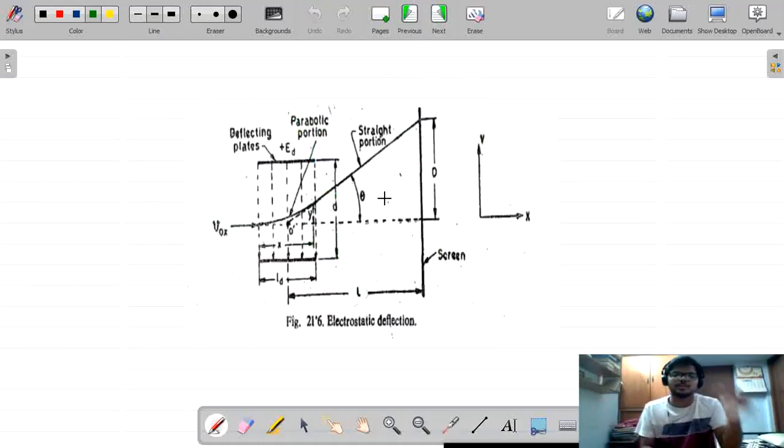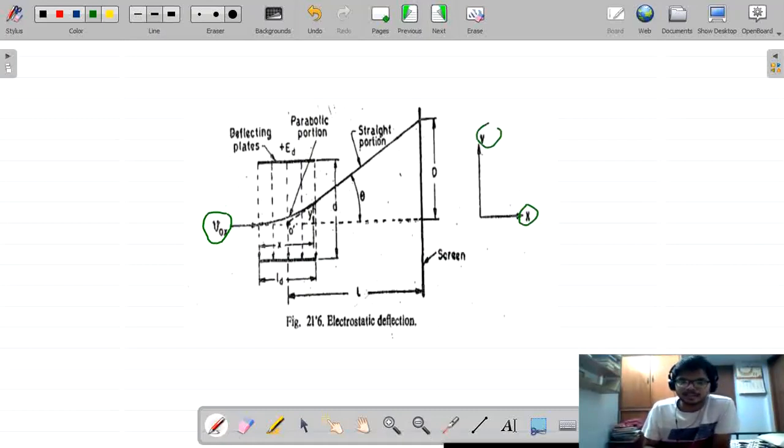Now see, Vox indicates the velocity of a free electron traveling in the x direction. This is the y direction. As an electrostatic field exists from bottom to top, our electron will move in a parabolic path as shown in the figure.